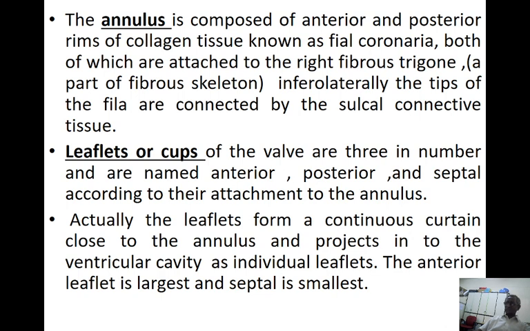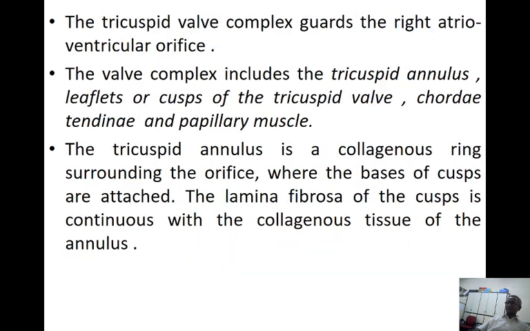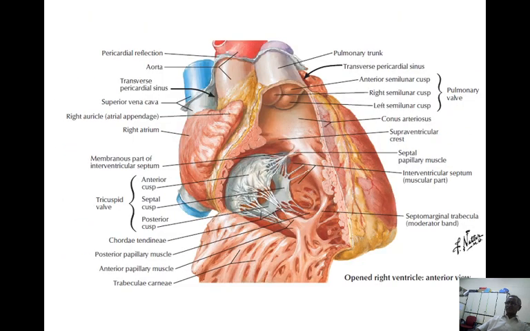The anterior leaflet is larger and the septal leaflet is smaller. So here, this is the anterior leaflet, this is the septal leaflet. Septal leaflet is smaller compared to the anterior leaflet, and these are forming a continuous sheet covering this annulus.